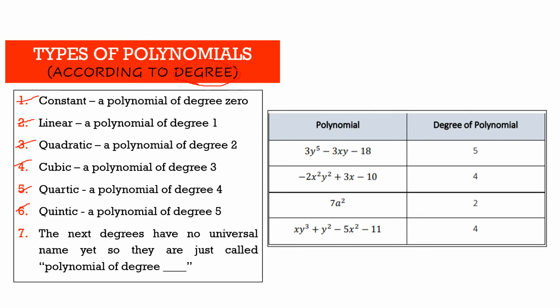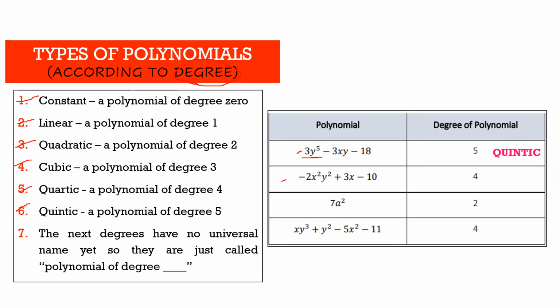Okay. Here are some examples of polynomials with its degree. For the first polynomial, we have 3y to the fifth power minus 3xy minus 18. The degree of our first term is 5. It means that we classify that as a quintic polynomial.